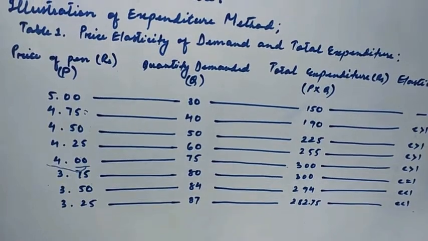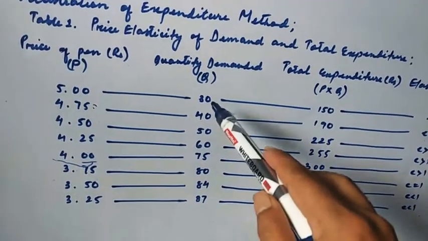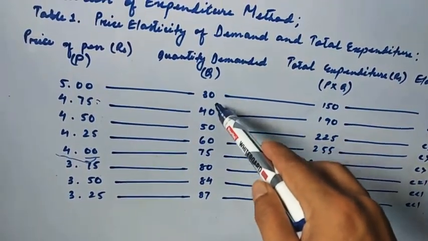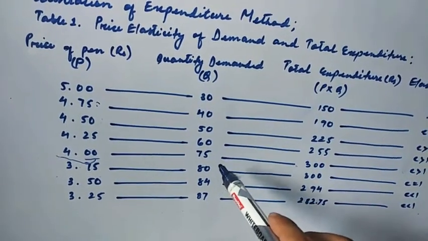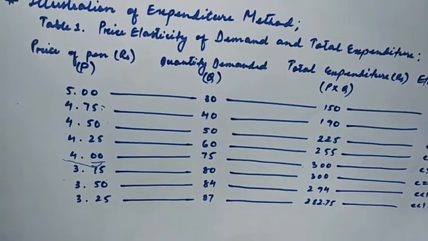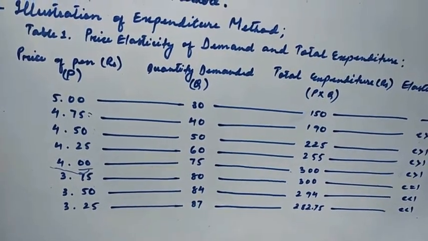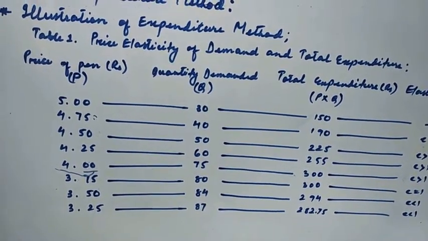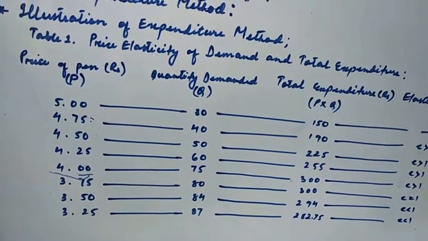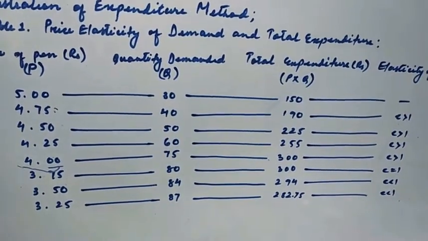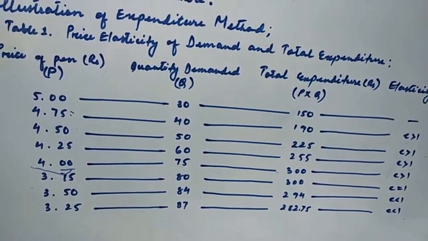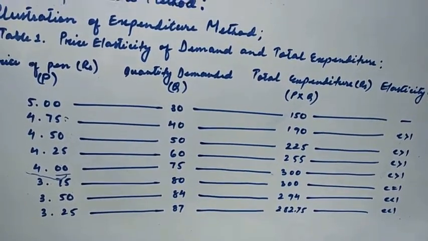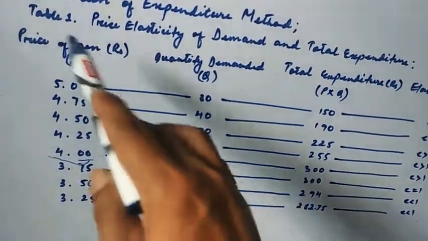The quantity demanded increases from 30, 40, 50, 60, 75, 80. It increases so much that the total expenditure on the pen increases, indicating that the elasticity of demand is greater than 1, or Ep is greater than 1 at these prices.